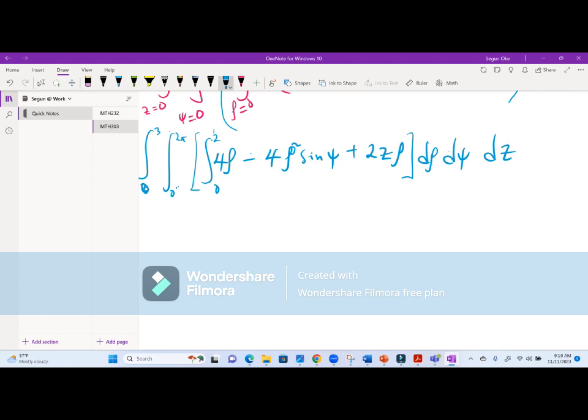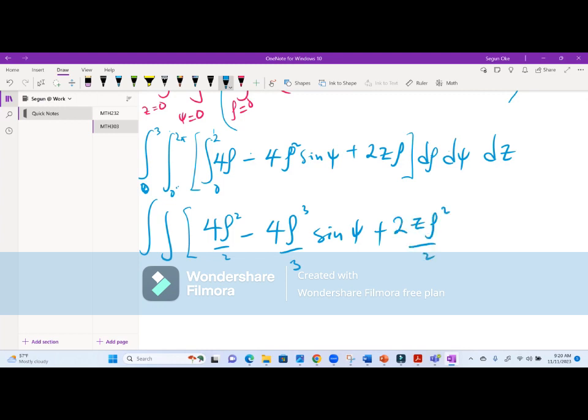So for the rho now, we can go ahead and integrate. If you integrate this one, it's going to be 4 rho squared over 2 minus 4 rho cubed over 3 times sine psi plus 2z rho squared over 2. The limit is 0 to 2. The d psi, the dz.